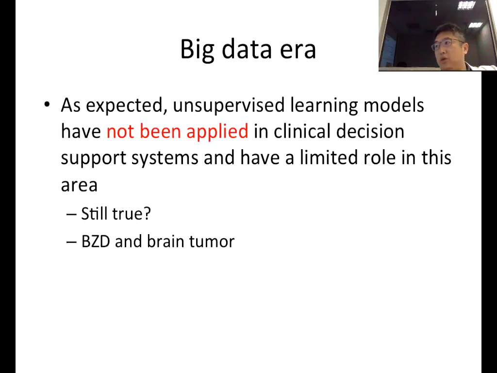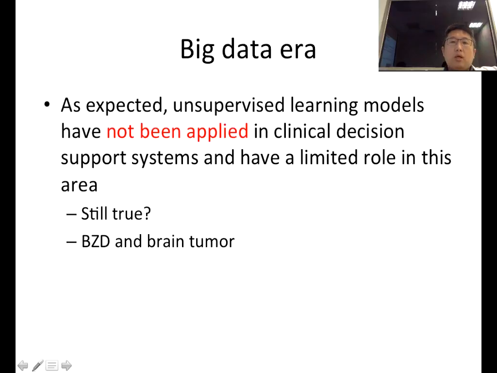For example, we care about whether long-term use of some drug can affect some condition, like the statin. If you use a statin, a drug which can lower the cholesterol level, can it reduce the mortality rate? We have a bunch of researchers doing this.